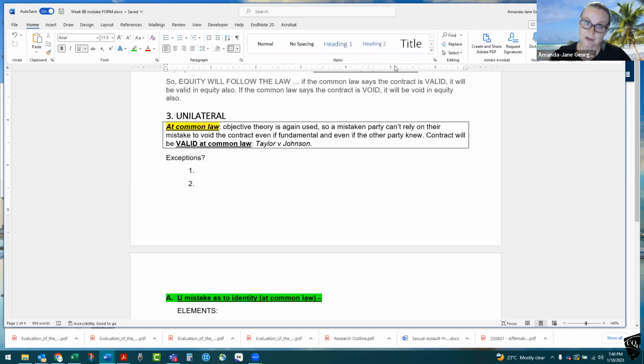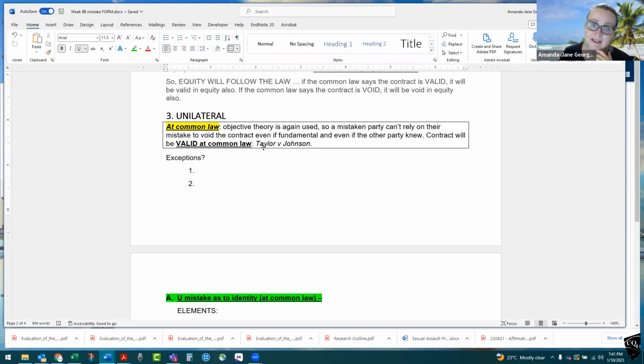So in Taylor and Johnson, where poor old Mrs. Johnson, I think it was, and Mrs. Taylor, I forget, the party that was mistaken, the contract actually said that she'd be selling her land for a total of $15,000, but she thought that Mr. Taylor had offered her $15,000 per acre, which meant that she was going to be missing out on about $90,000 worth.